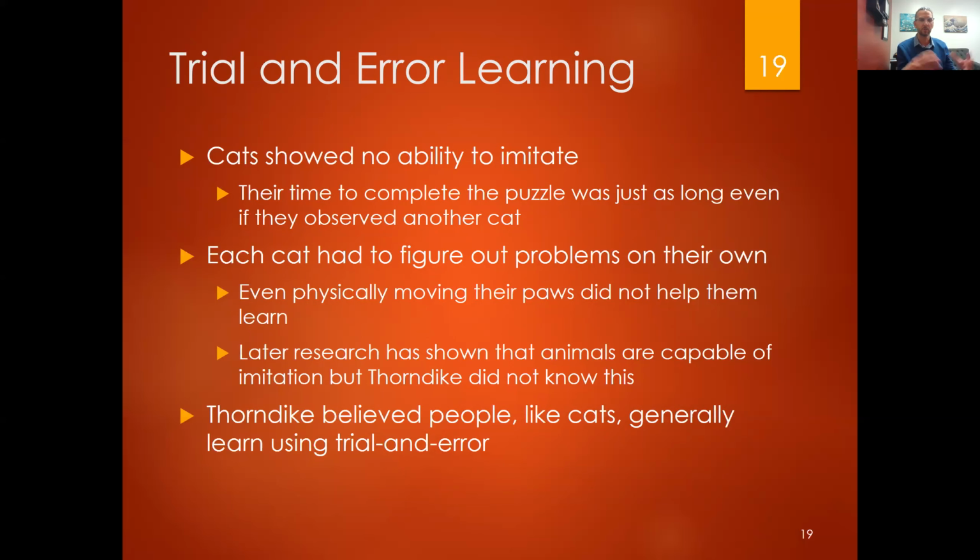His thinking was that people are a type of animal, and because we are a type of animal, we're going to use the same learning processes that animals do. He thought we were obviously capable of greater amounts of learning, but that we use the same mechanism, trial and error. And again, that also seems to not be the case, that people do seem to learn through insight, not just trial and error.